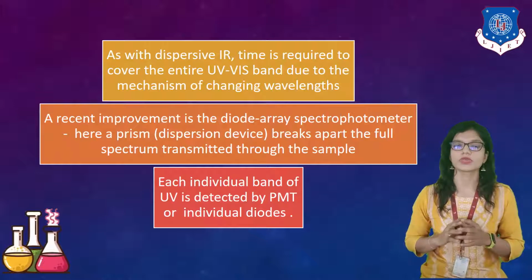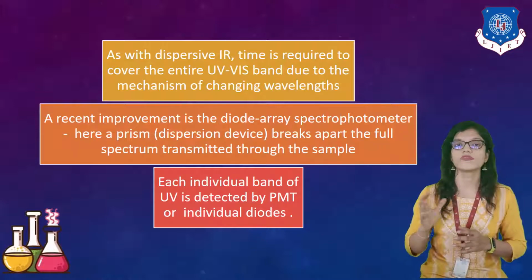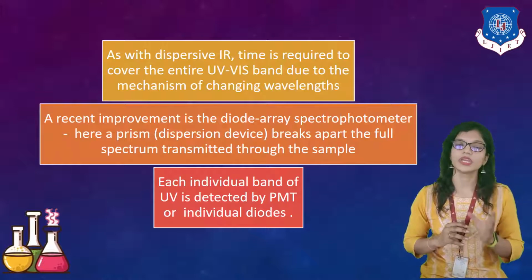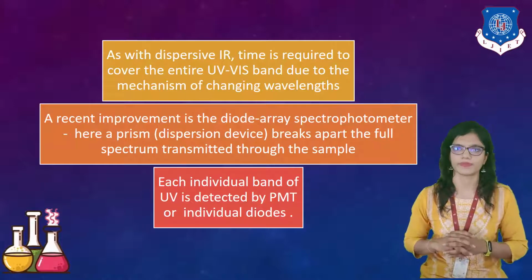The samples which are transparent or colorless in nature are generally observed in the UV region, while the samples which are colored in nature are observed in the visible range. So we can use both the regions to analyze any kind of sample.